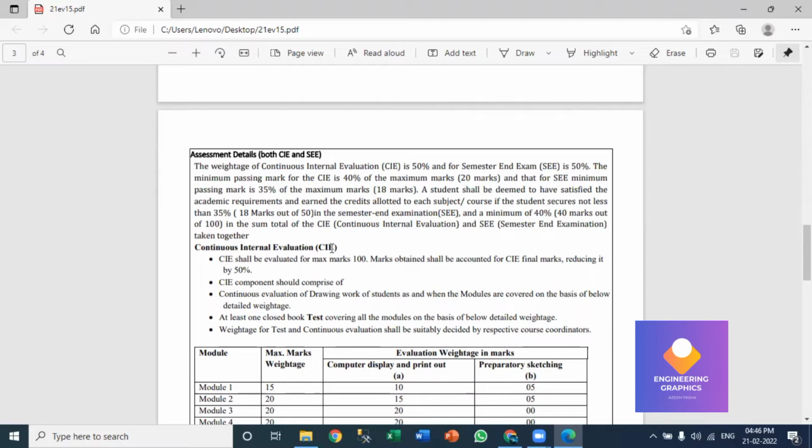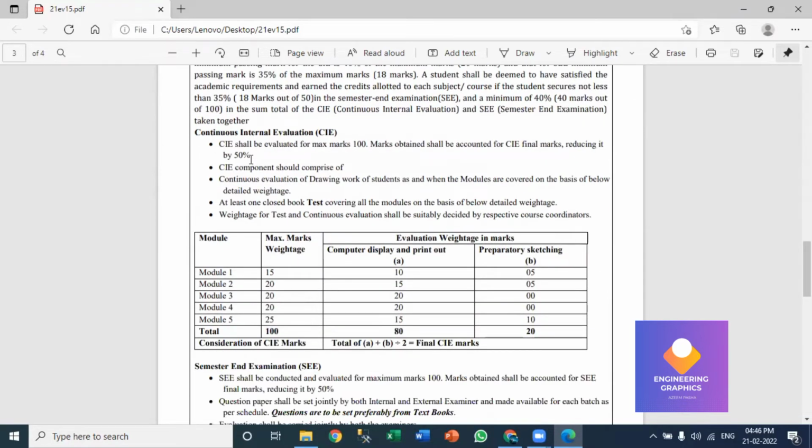In the continuous internal evaluation you can see how it is divided. We need to conduct finally one internal test for 100 marks, that we are going to reduce to 50 marks. Here in the syllabus we need to consider all the modules, 1, 2, 3 and 4, and you can see clearly how the weightage of marks is divided.